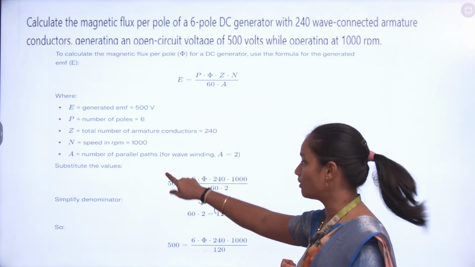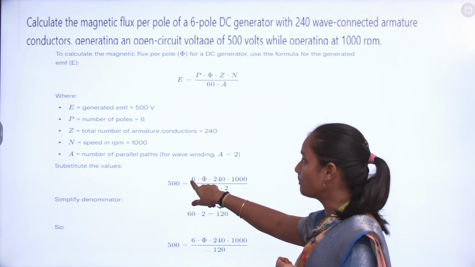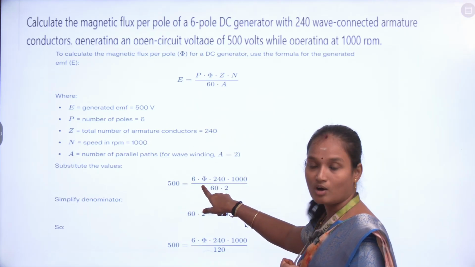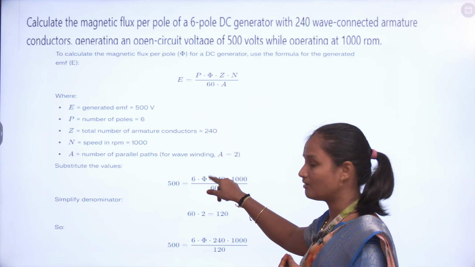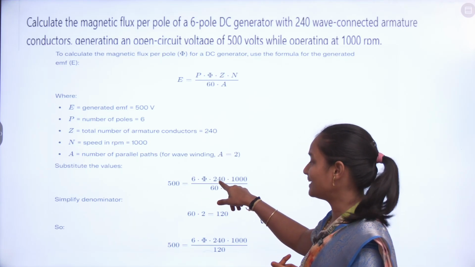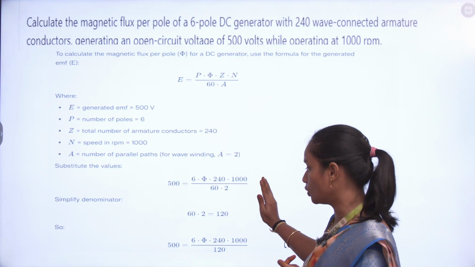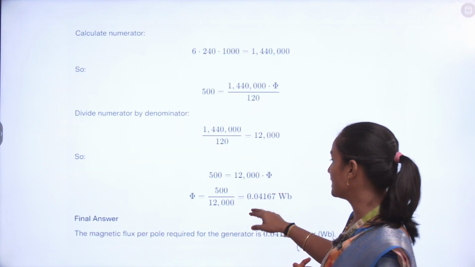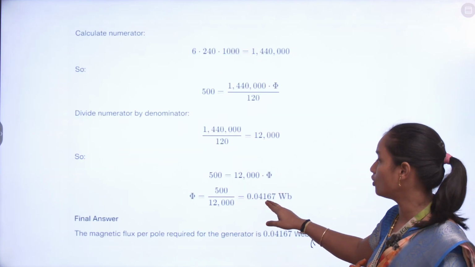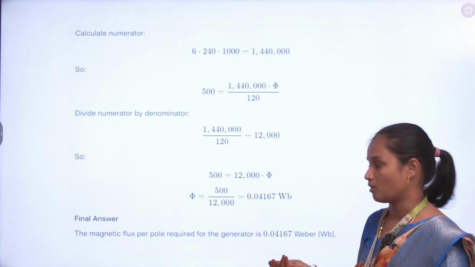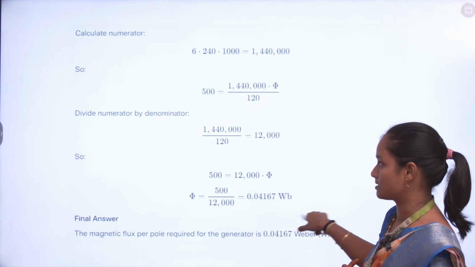So we know E is equal to 500, the number of poles is equal to 6. What unknown do we have to find? Phi. Z is equal to 240, speed is equal to 1000, divided by 60 into 2. So you will be getting phi is equal to 0.04167 Weber. Okay, so this is going to be the flux.